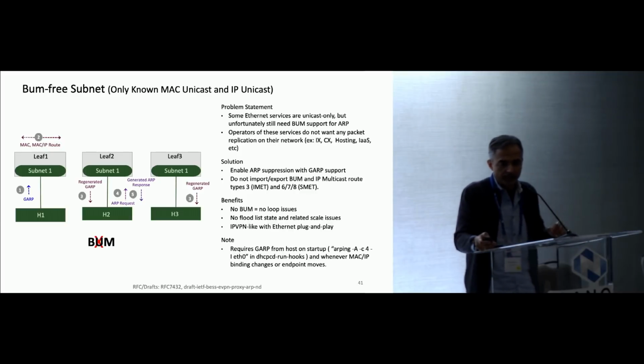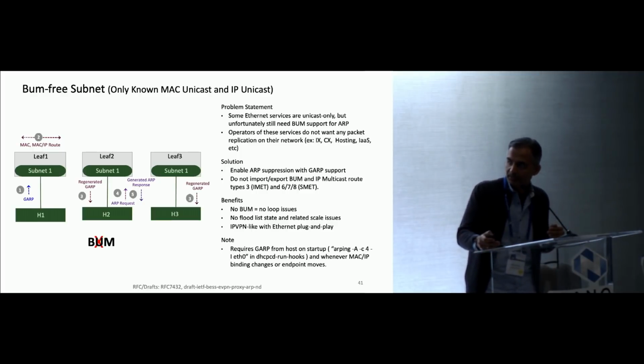The caveat is that the systems participating in such a network have to send GARP when they start up and when they move. So that's a requirement. It's actually possible to do that on Linux.